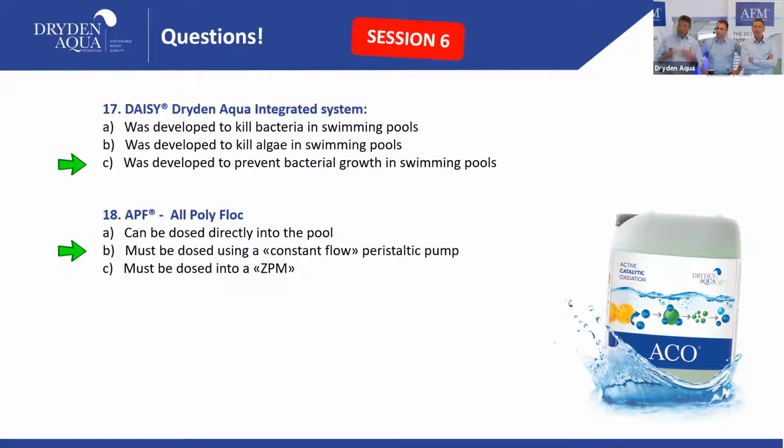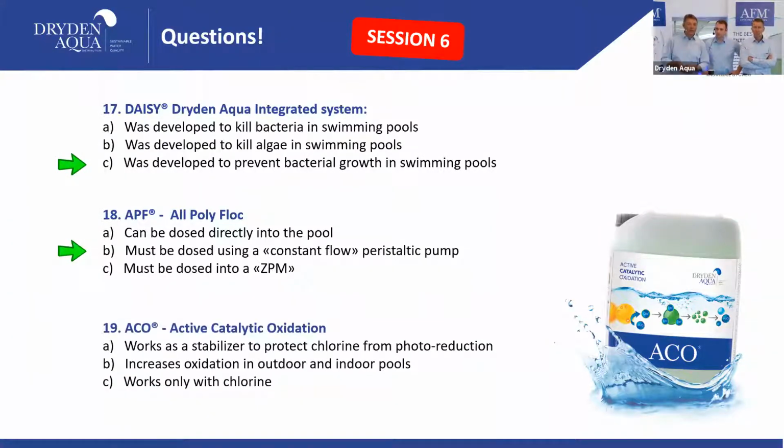You could dose it directly in the pool, and then you stop your pool and let it settle down. Then you will have dust on the floor. In a few contaminated cases, you can do this, for high turbidity, but that's not what you usually do. It's great if you use a CPM to dose it, but if this is not possible because your pump is not strong enough, dose it just in front of the pump or even into the pump.